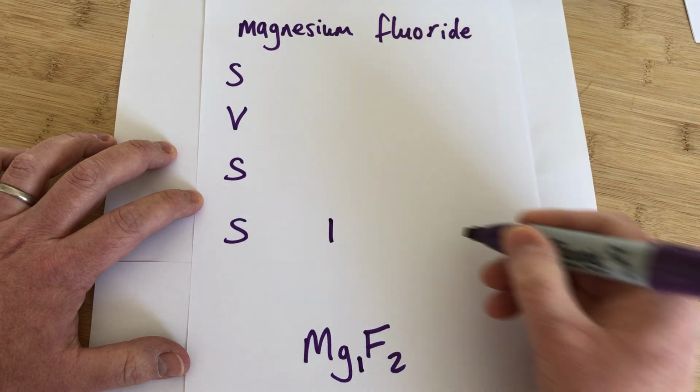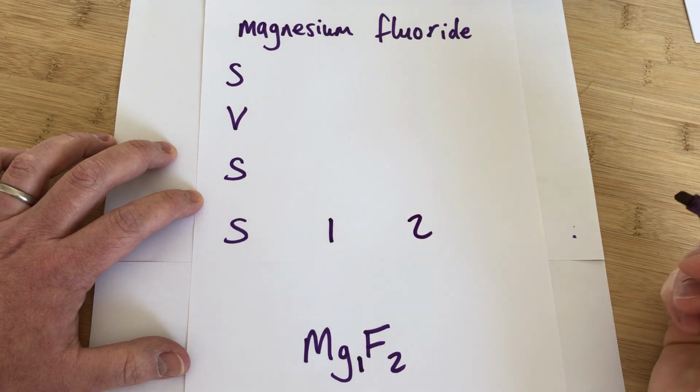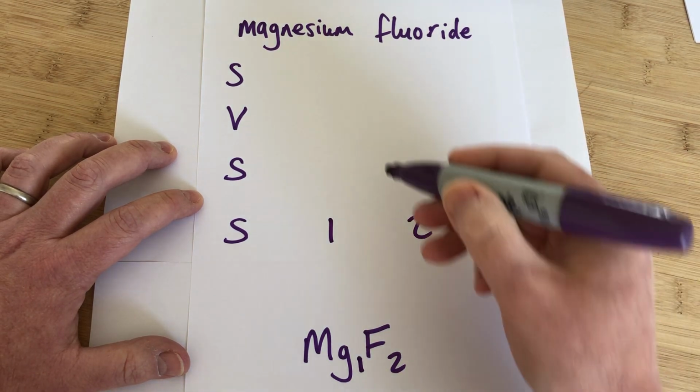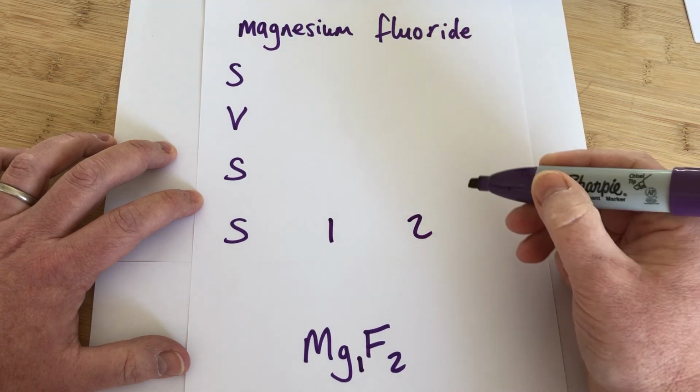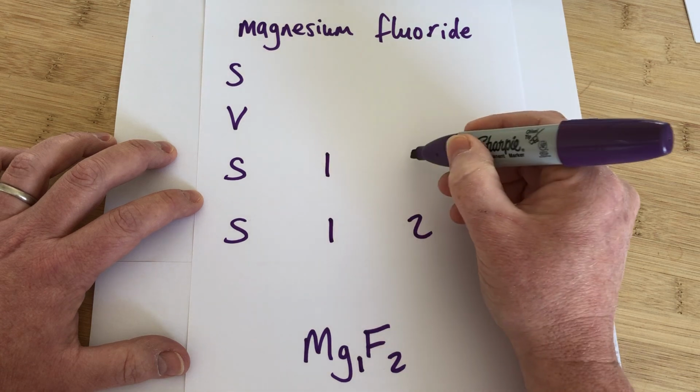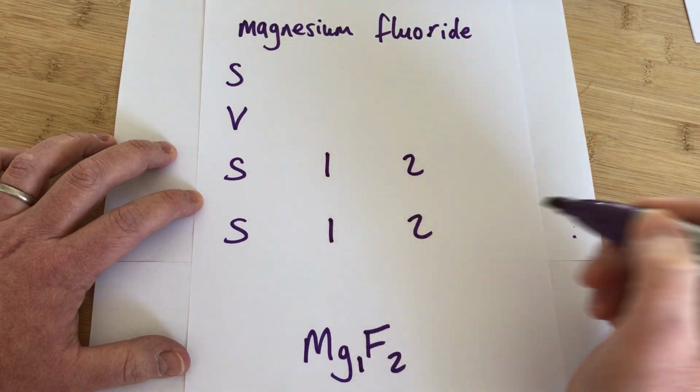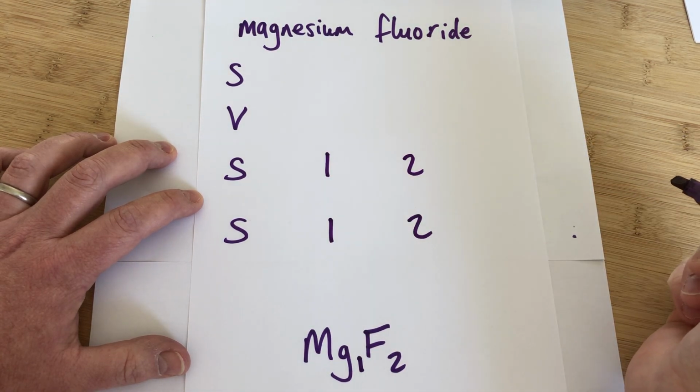The 1 magnesium and the 2 fluorine atoms are from the valencies of magnesium and fluorine. We did not simplify these numbers because they did not divide by any regular number. And we had switched them from the valencies.